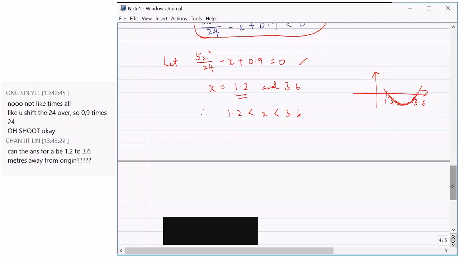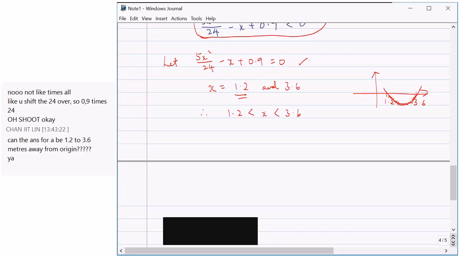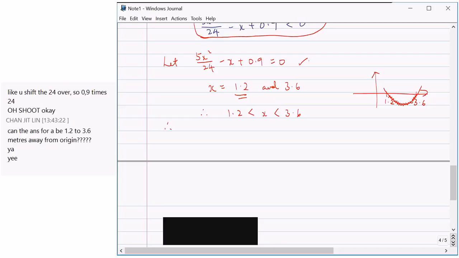Can the answer for A be 1.2 to 3.6 meters away from the origin? As in, when you present the final answer? When you write down a statement, yes, you can. In fact, it'll be perfect if you can interpret the answer in words.